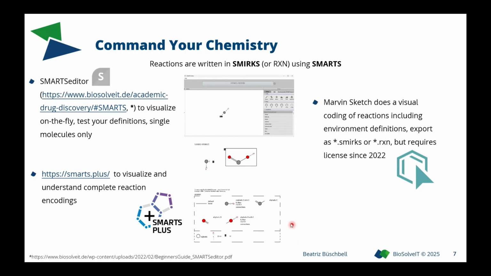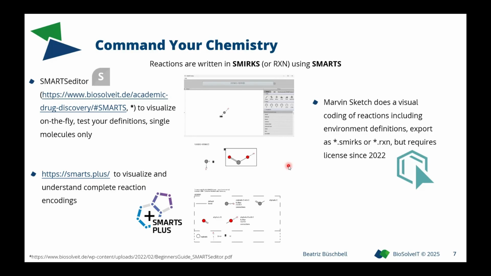But these only work for single molecules, not an entire SMIRKS code. In order to test this kind of SMIRKS code, you can go to the SMARTS Plus server, for instance, to visualize and understand the complete reaction encoding. It gives you also errors and says where a reaction definition is not correct, some kind of a syntax error.